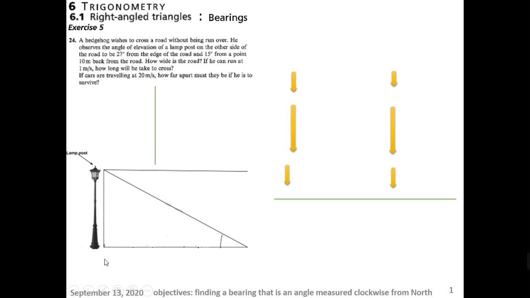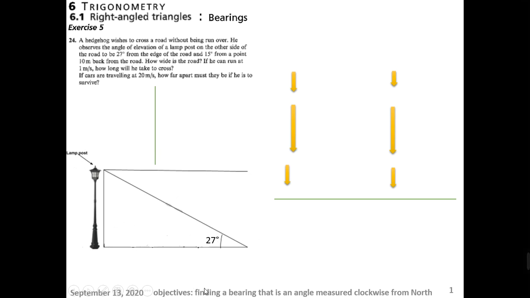This is our lamp post, and the angle of elevation, if we're observing this lamp post from this point haphazardly, because they didn't tell me this distance, and so this is my 27 degrees that is given to me in the question.